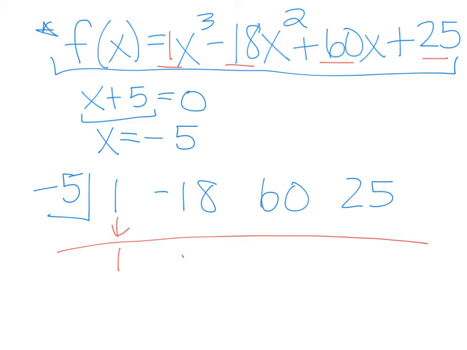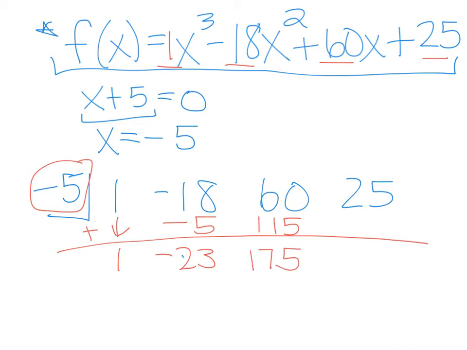If I multiply 1 times my divisor, which was negative 5, that gives me negative 5. Negative 18 plus negative 5 is negative 23. Negative 23 times negative 5 is positive 115. 115 plus 60 gives me 175.